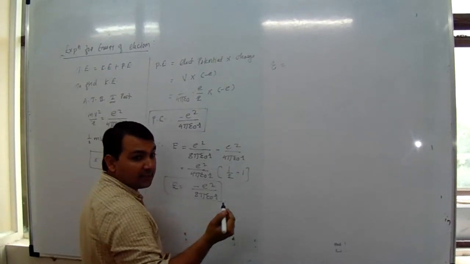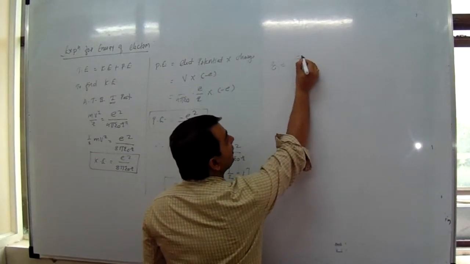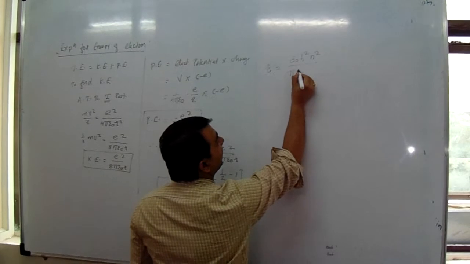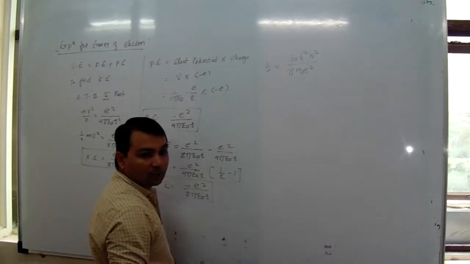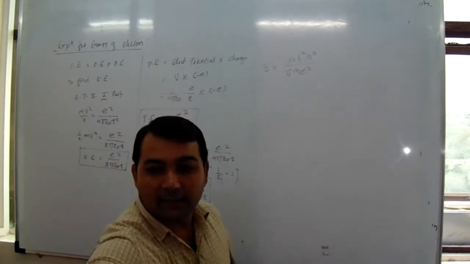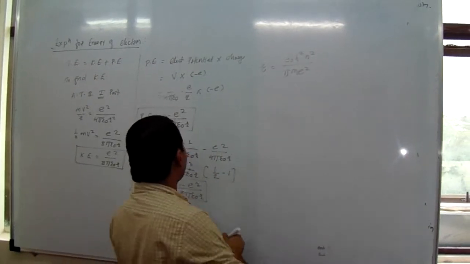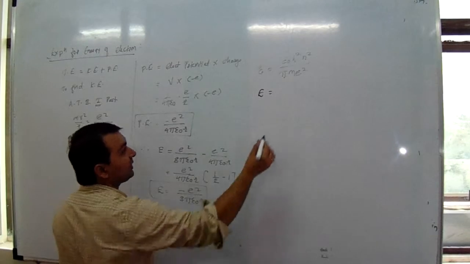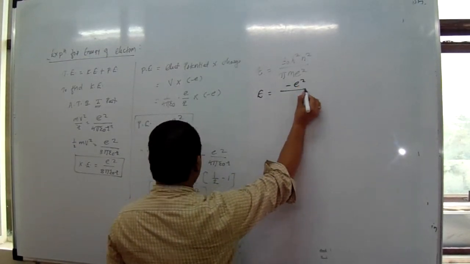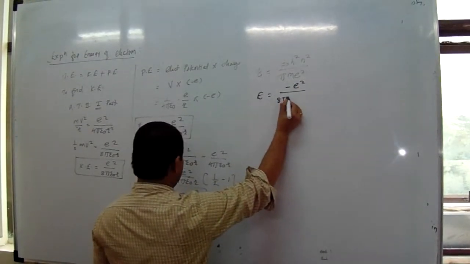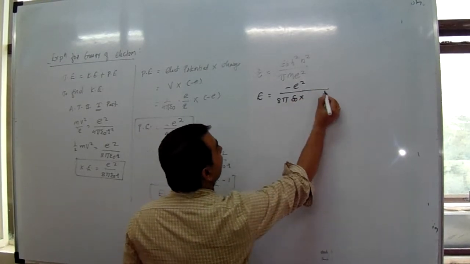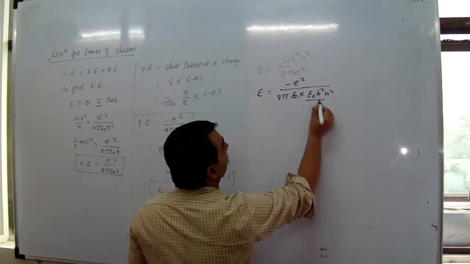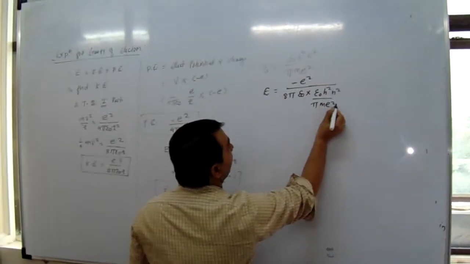It is ε₀h²n² upon πme². So if we put the value of r into this equation, E is equal to minus e² upon 8πε₀ into r, where r is ε₀h²n² upon πme².